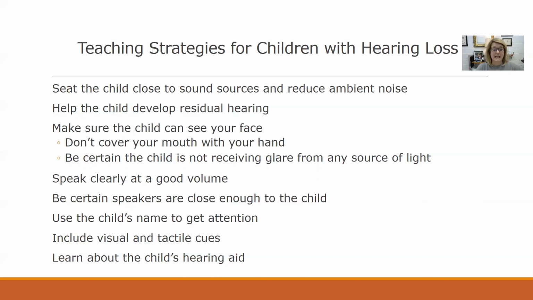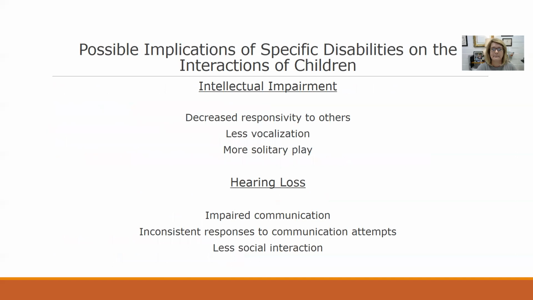Call a child's name and make sure they can see your mouth, because so many of them may be lip readers, so don't cover it. In today's world with masks, that's why a lot of elementary school teachers are wearing shields or masks with an open clear front, so that children with hearing impairment can read their lips. So that's another thing we might want to remember.